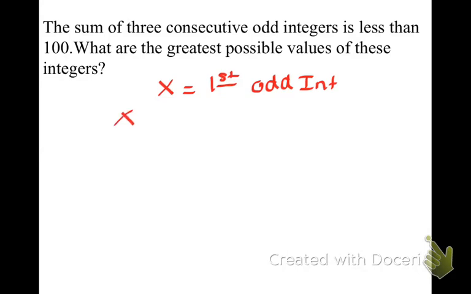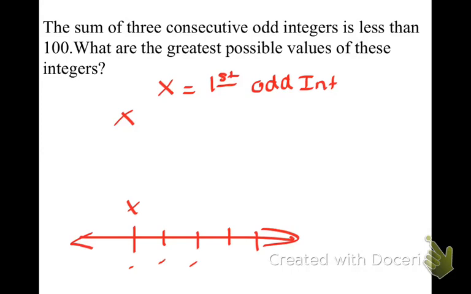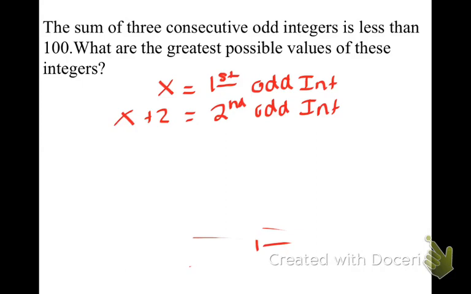And the next odd integer, remember if it's on the number line, if this is x, so if this is an odd number, this would be an even. To get to that next odd, you would have to jump 2. So we're going to call it x plus 2, the second odd integer. And the next one, from that original one we called x, we're going to call x plus 4.